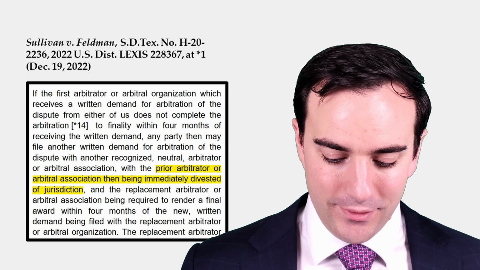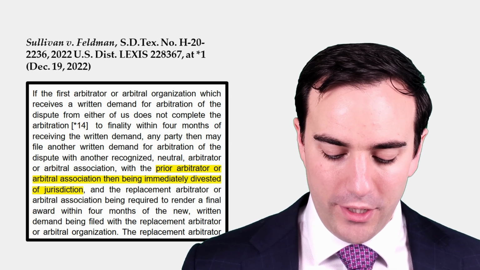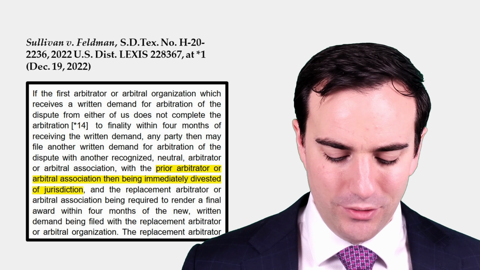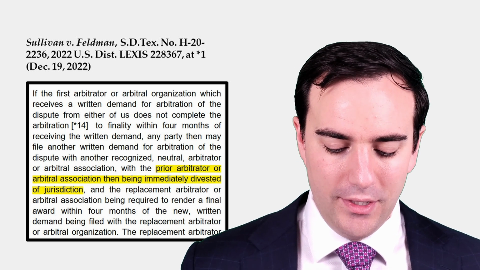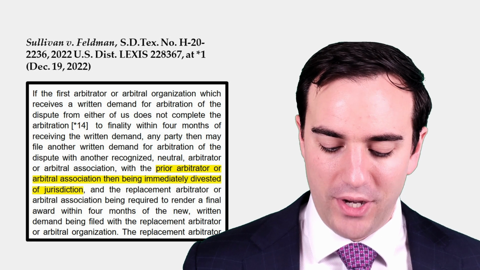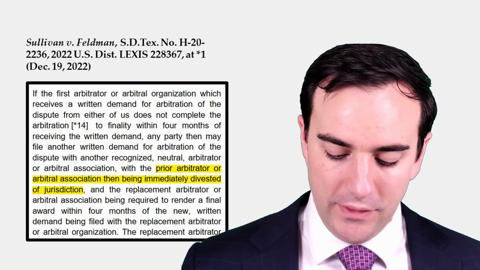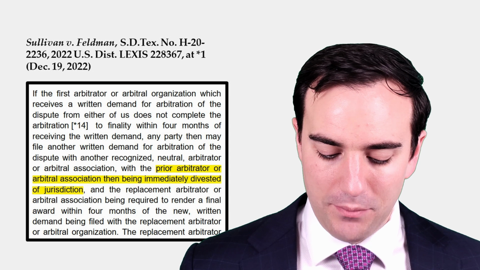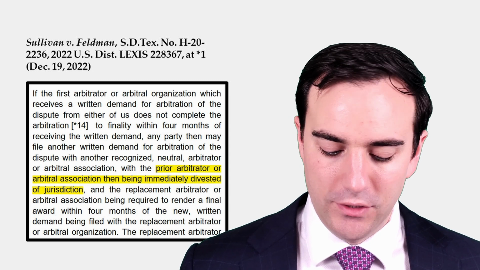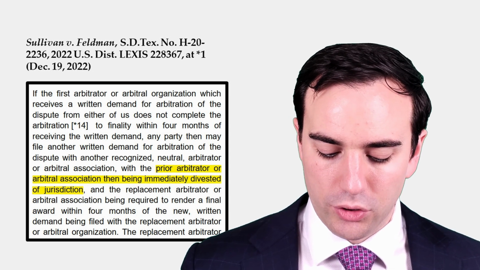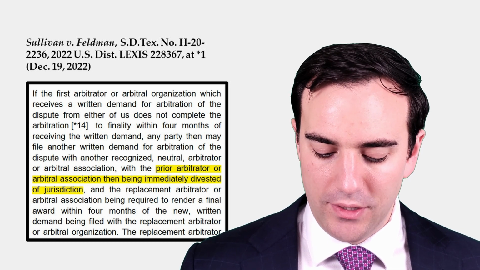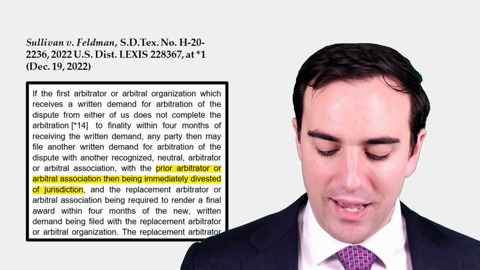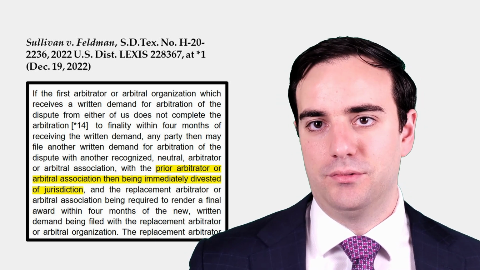And what it said is, if the first arbitrator or arbitral organization, which receives a written demand for arbitration of the dispute from either of us, the parties, does not complete the arbitration to finality within 4 months of receiving the written demand, any party then may file another written demand for arbitration of the dispute with another recognized neutral arbitrator or arbitral association, with the prior arbitrator or arbitral association then being immediately divested of jurisdiction.